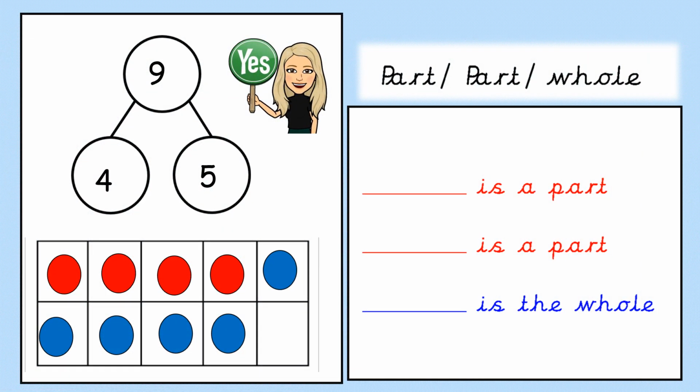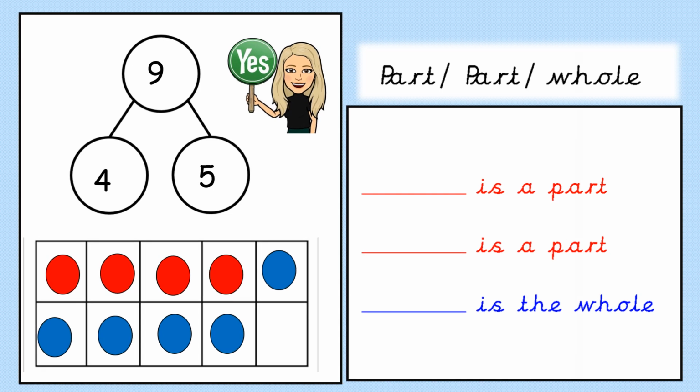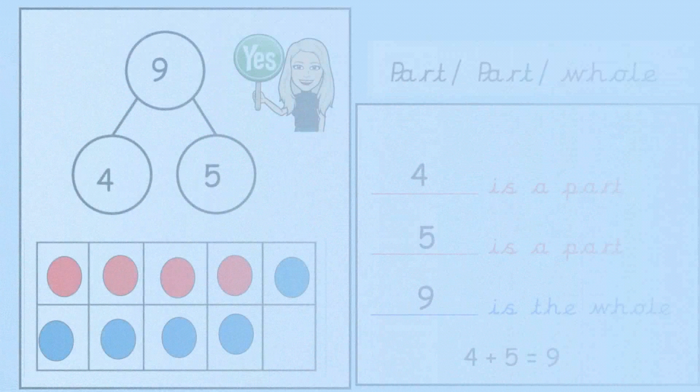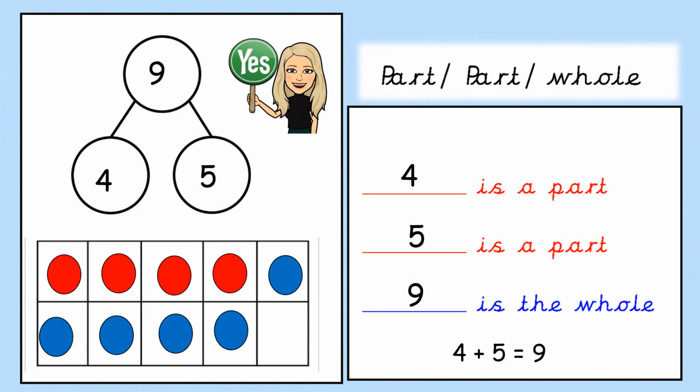You know what to do. Write down the number sentence to match the part whole and the 10 frame. So how many are red now? Well done, 4. I wonder if you've noticed a pattern with the red and the blue. Each slide, what's happening to the red counters?